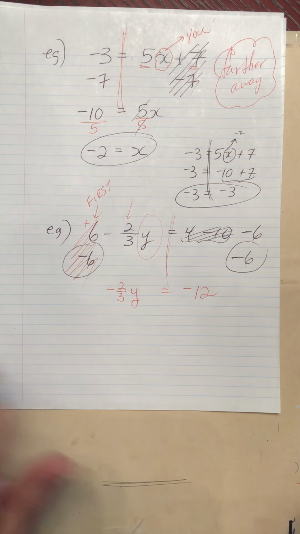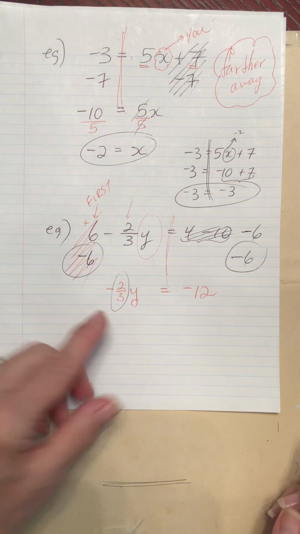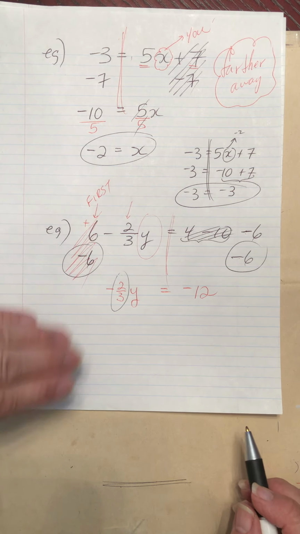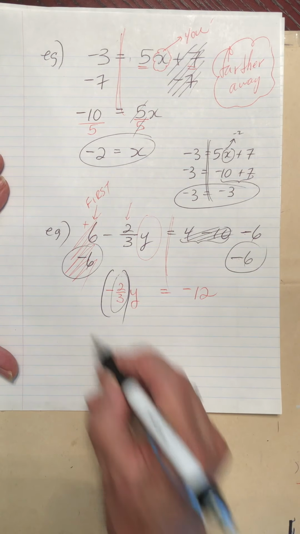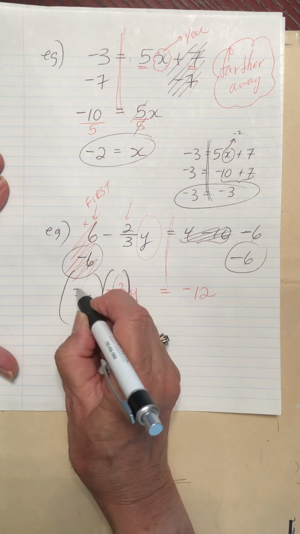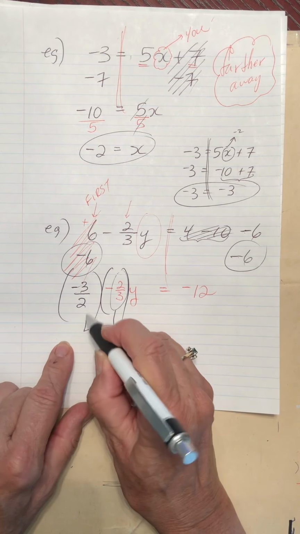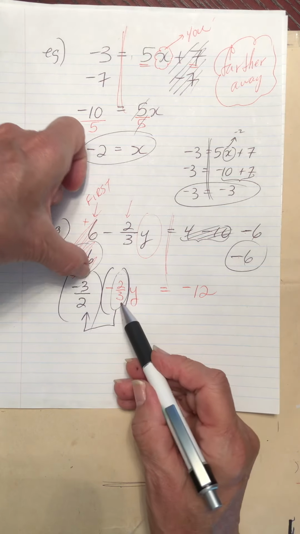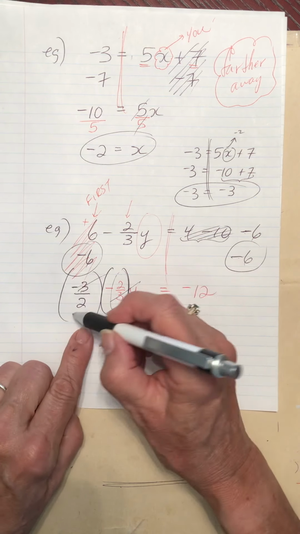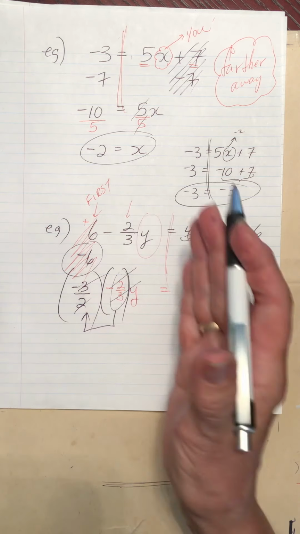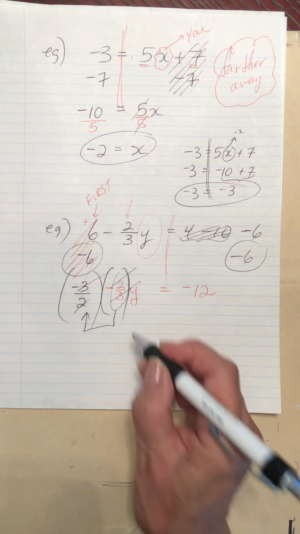And like I said before, you are going to get lots and lots of fractions. How do I get rid of a 2/3? What would be really nice to times a negative 2/3 by would be a negative 3/2, the reciprocal of this. So my 3's cancel, my 2's cancel, and 2 negatives make a positive. So that entire thing became a 1 in front of the y.